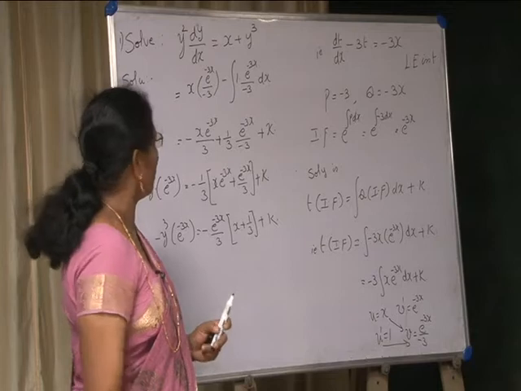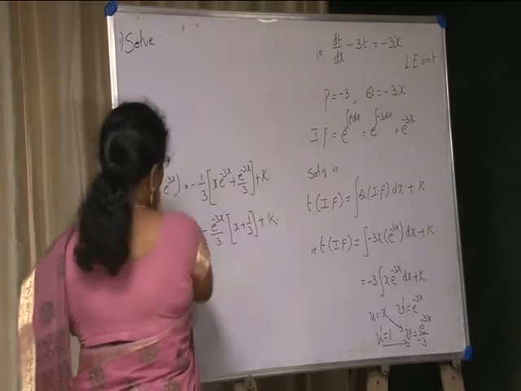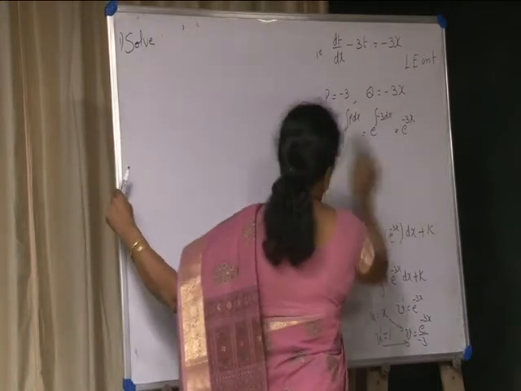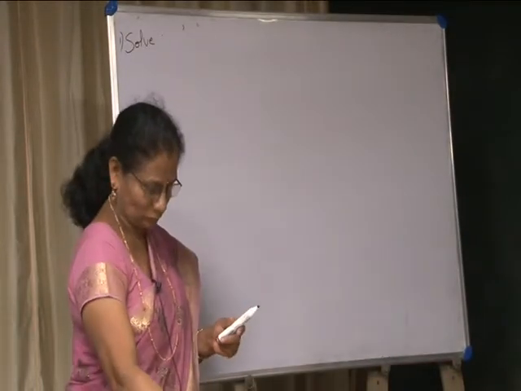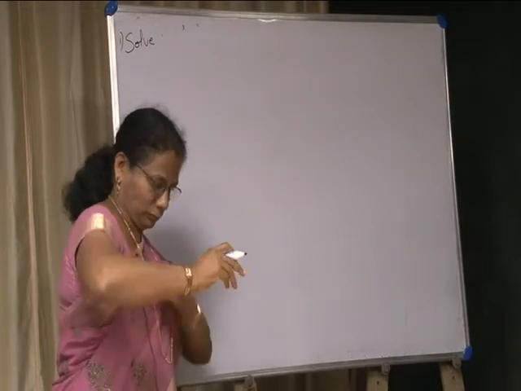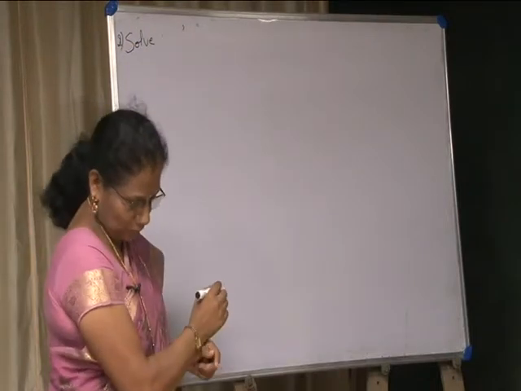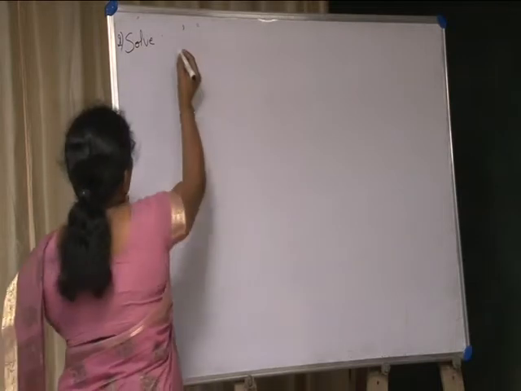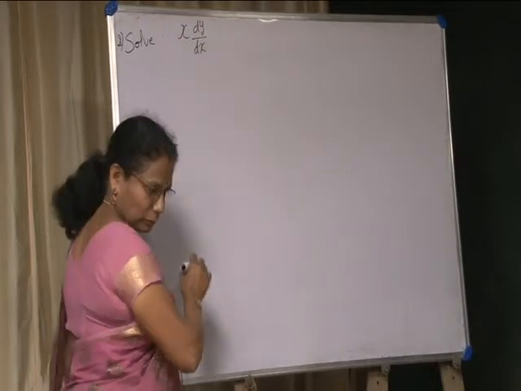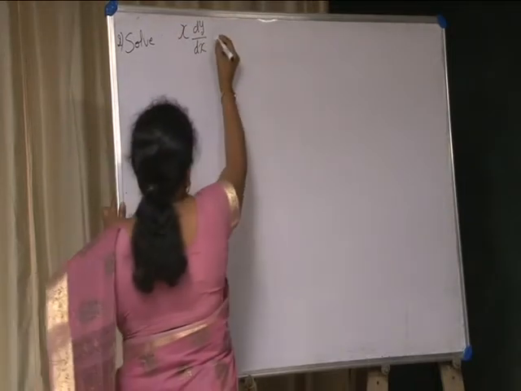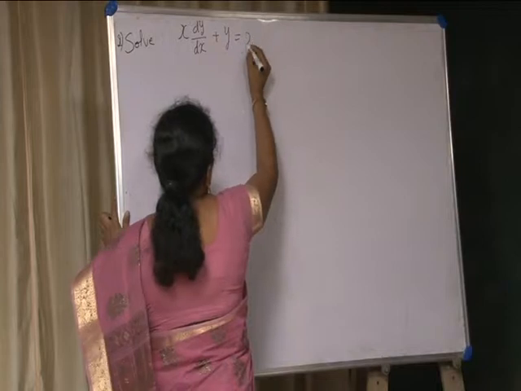Now, we will see the next problem, the second one. Solve x into dy by dx plus y is equal to x cube into y to the power of 6.